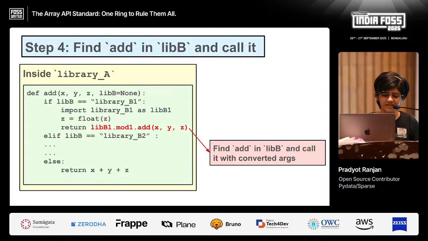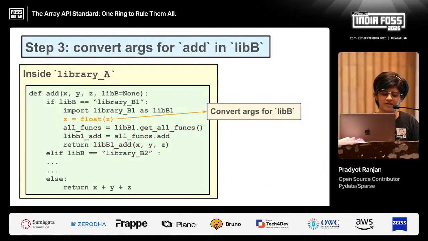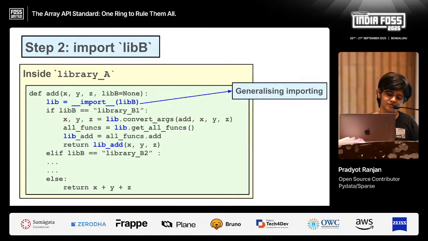So instead of library A finding the function, I'm just saying give me a namespace of all the functions that you support, library b1, and I will just call the add function. And instead of library A converting the arguments, I'm saying you give me the convert argument function for all of your functions. And instead of importing, I'm using this import dunder method.